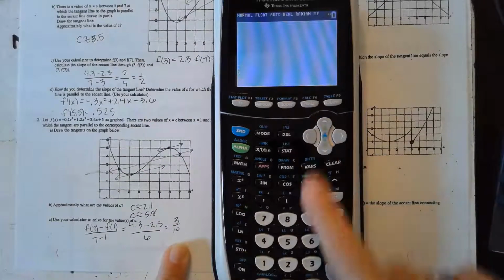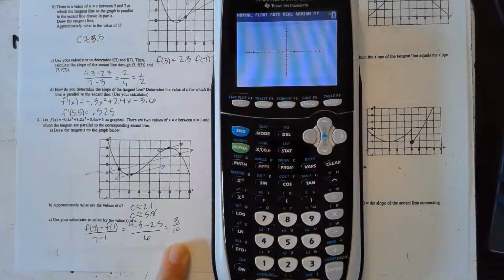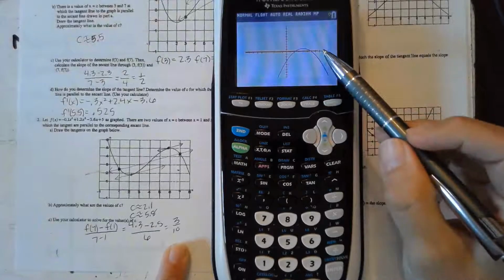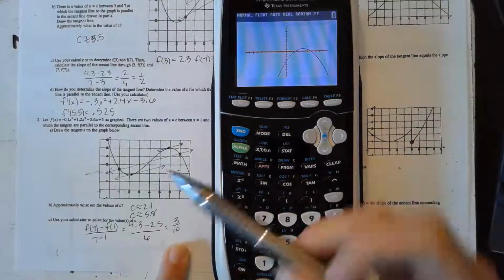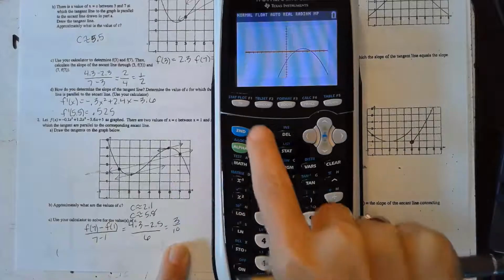I'm going to say zoom 6. So we have a quadratic. Here comes our quadratic. And we're basically finding the two places where they intersect, which is actually going to be our c values, that have the same slope.